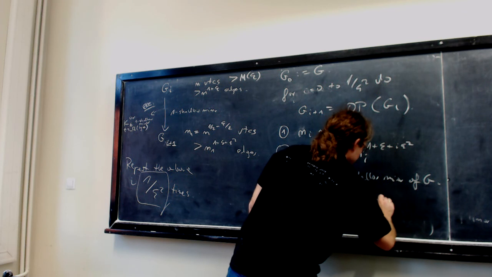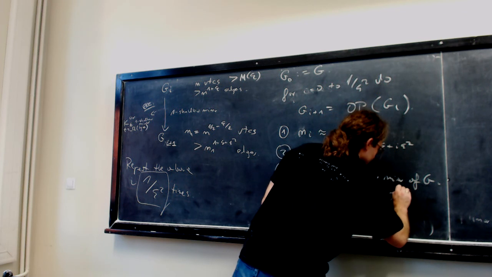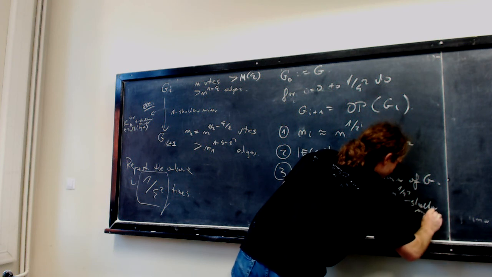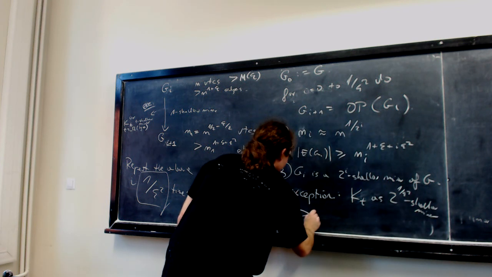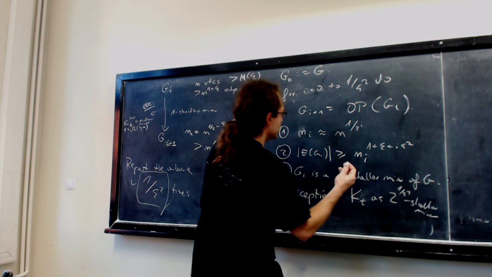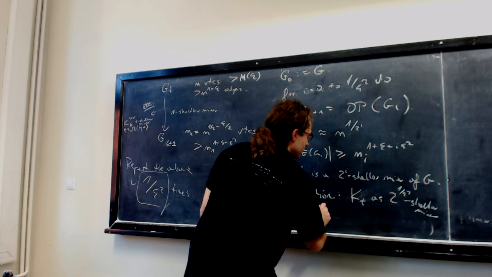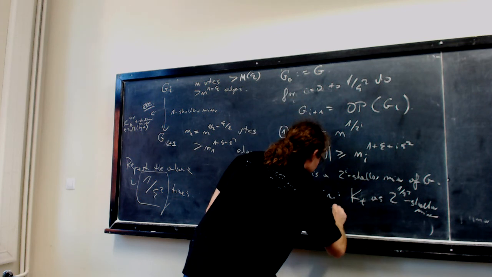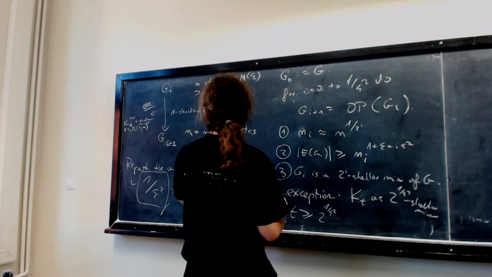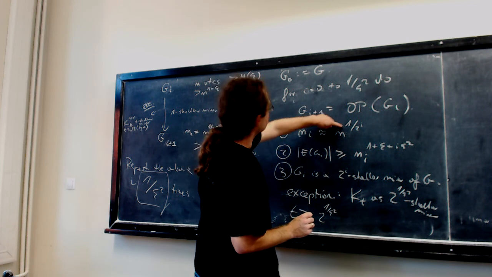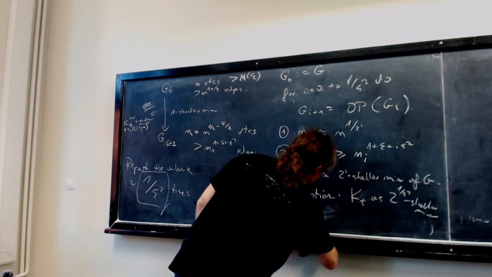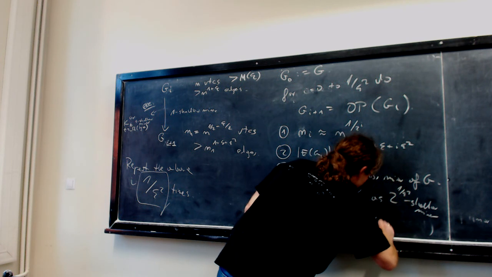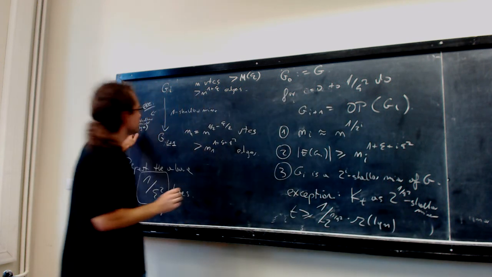The exception gives a clique K_t as a 2^(1/epsilon^2) shallow minor, with t larger than some constants. So we have 2 to the 1 over epsilon squared, and I'm taking this logarithm, so t is 1 over 2^(1/epsilon^2) times this omega of log n coming from here.